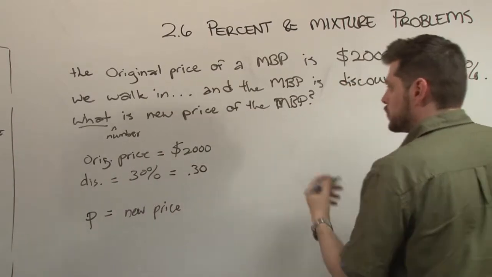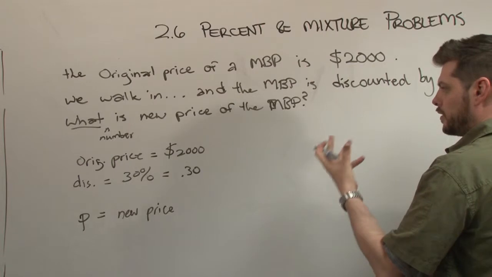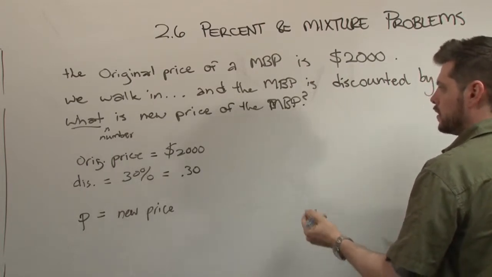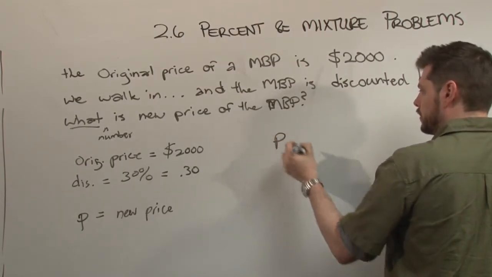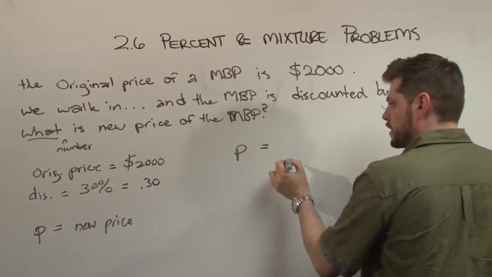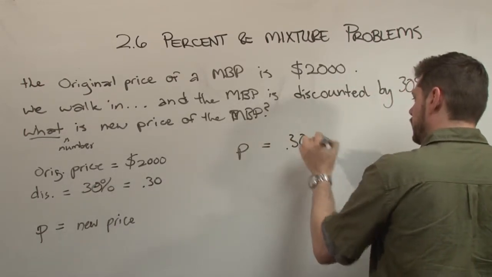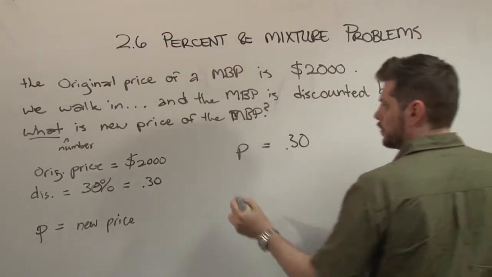What I need to say is what number is the discounted price of my original price. So what number, P, is equal to 30% of, right?